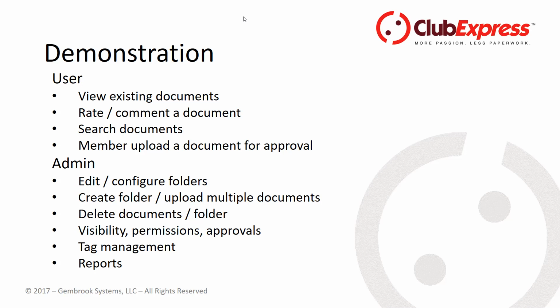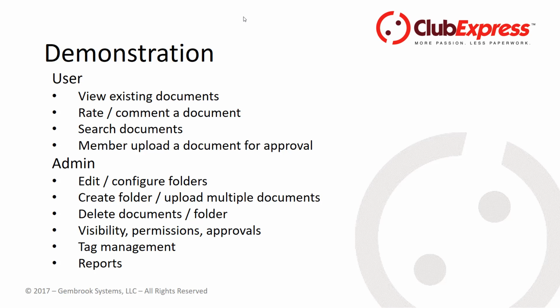Some of these things are fairly new to ClubExpress. So if you've been a ClubExpress user for many years, something like upload multiple documents may be something that you didn't notice; they kind of snuck in a couple of releases back. And how to delete documents, and we'll talk about visibility, permissions and approvals, tag management, and reports. And then we'll have Q&A.